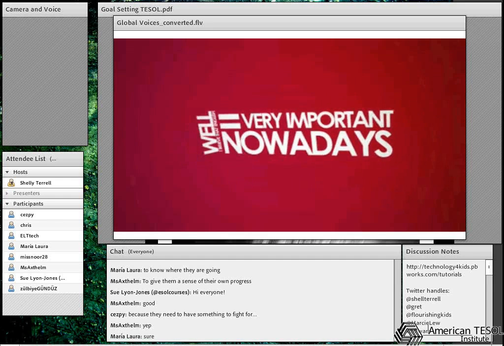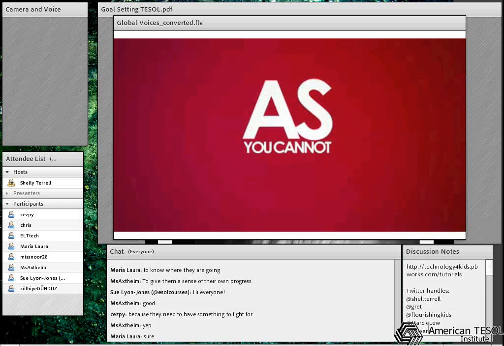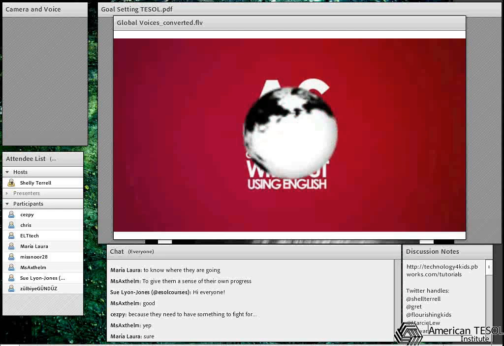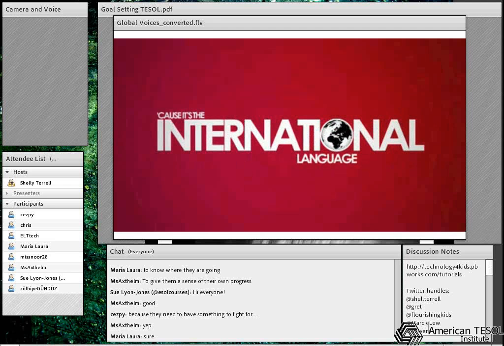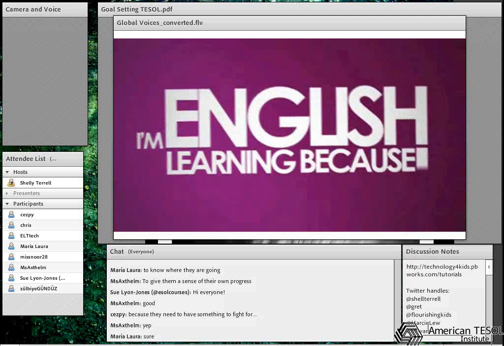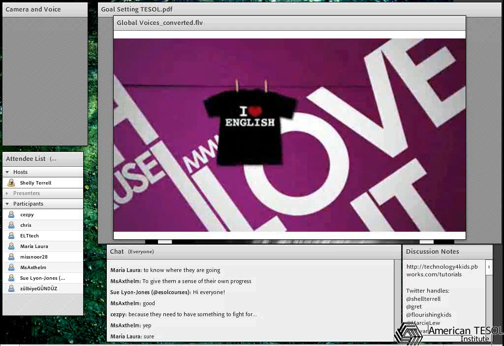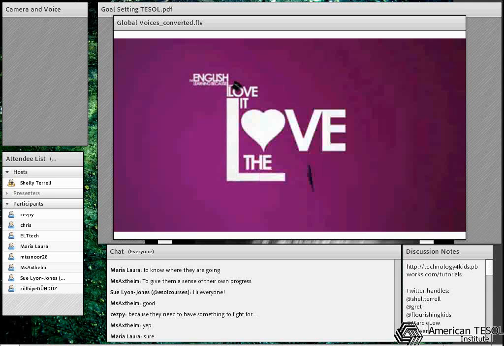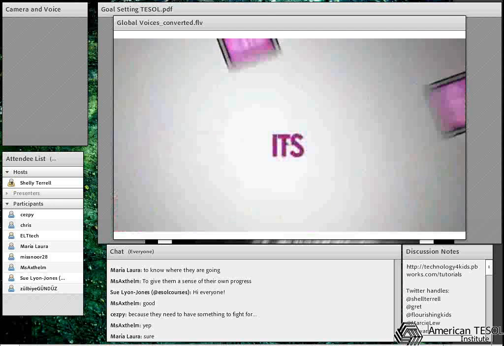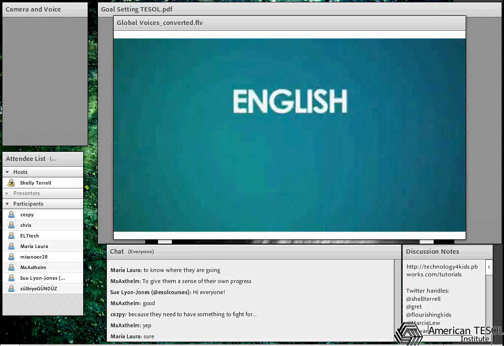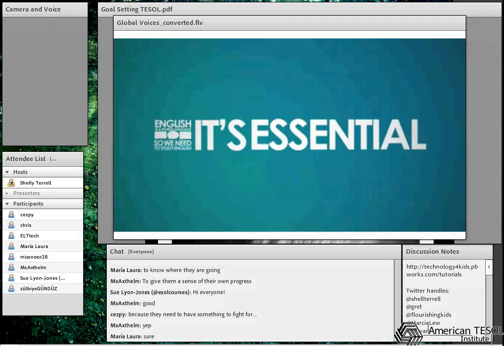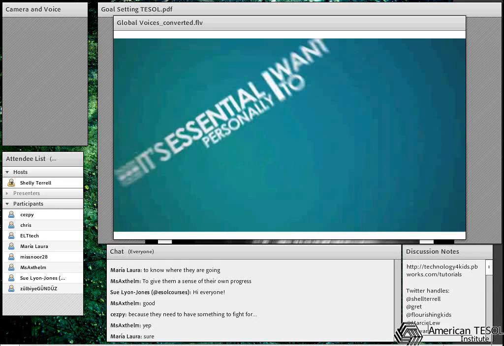I'm learning English because I love it. I love the English culture, the American culture, its movies, its music. English is a world language, so we need to study English. It's essential. And personally, I want to be a politician or a diplomat, which my father wants. So I think English is the most important thing for a politician or diplomat.